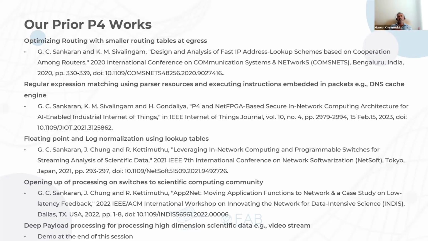What this means is currently the routing table sizes are going near millions, and we don't have sufficient hardware resources, and we need to keep upgrading. But if we move to egress, we can survive for another few years. So that's the value proposition that it brings to the table.